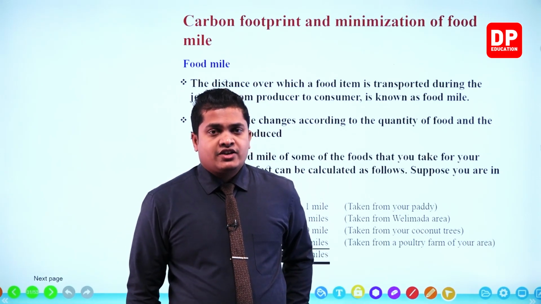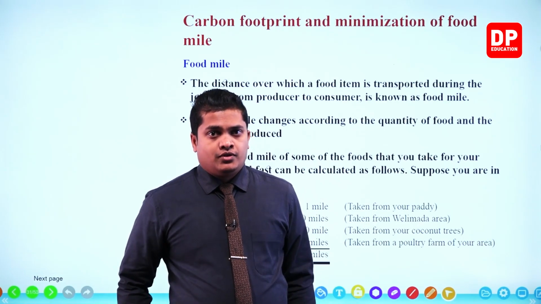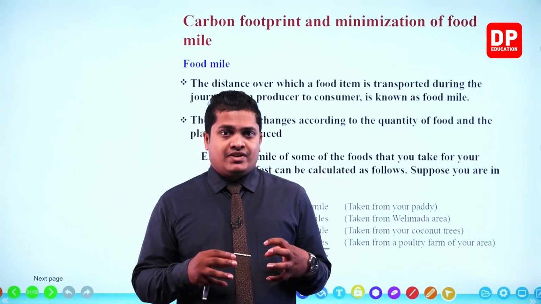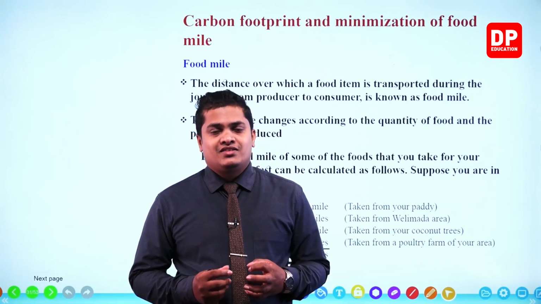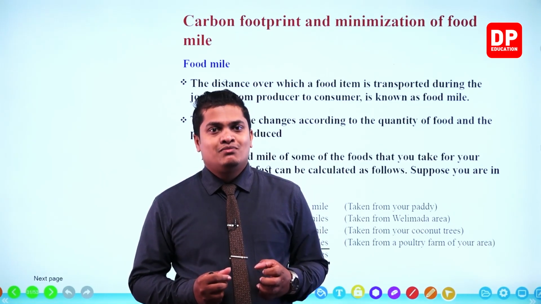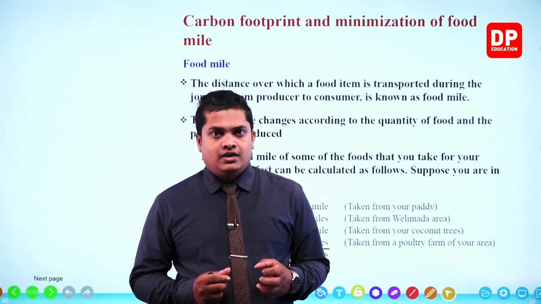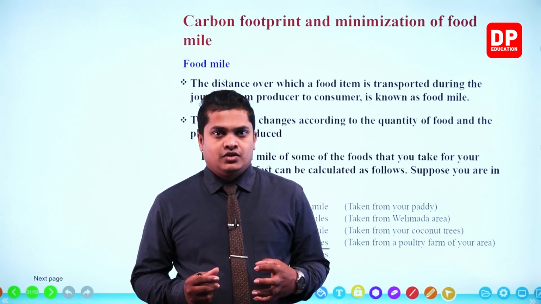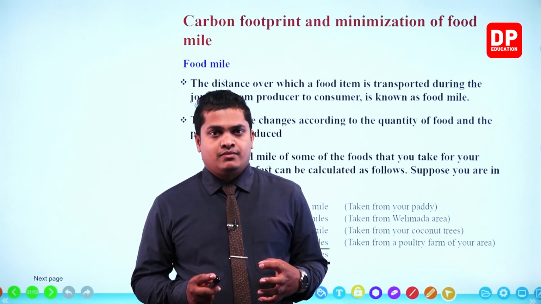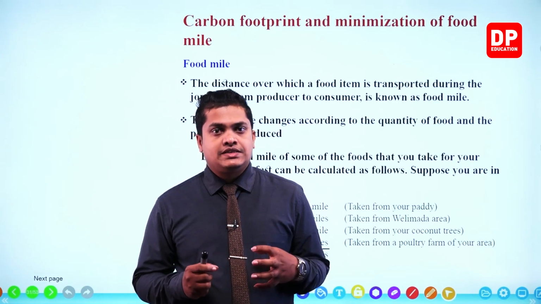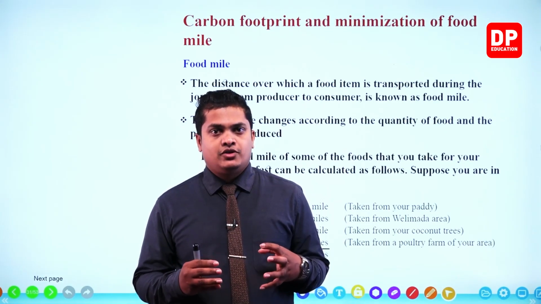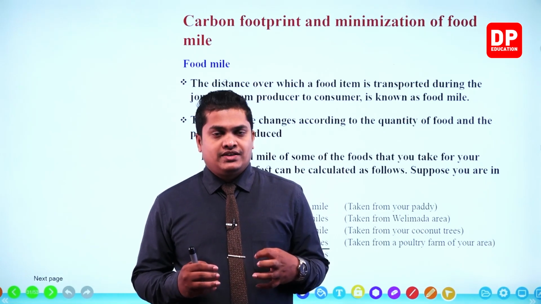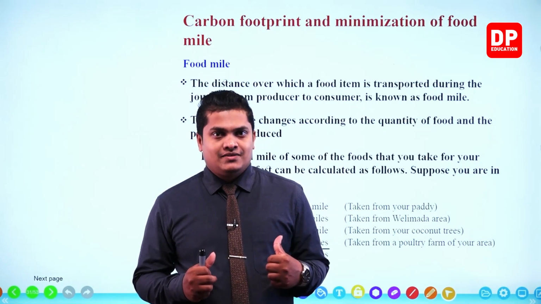Now, when you go by American standards, they measure the distance using miles. Usually in our international standard models, we use kilometers to measure distance, but in American standards they use miles. So that is why it is given as food mile here.